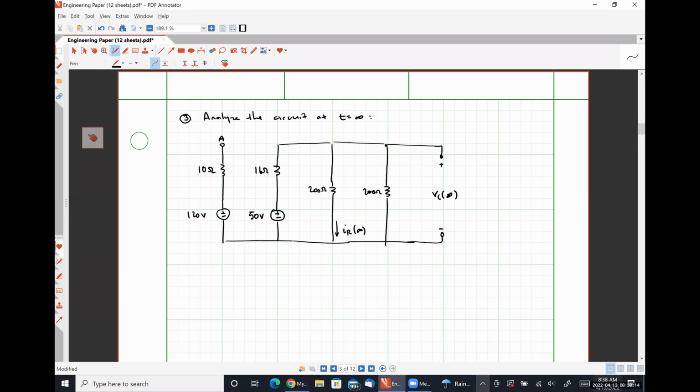All right. So how are we going to analyze this circuit to determine the value of IR at infinity and VC at infinity?